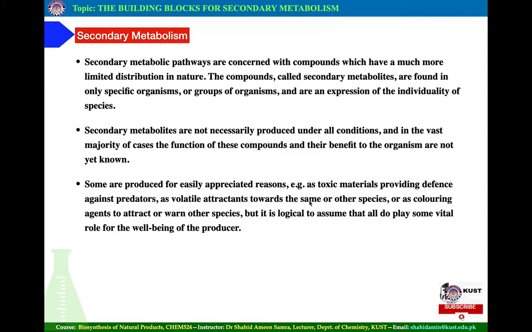In the same species, for attracting the opposite sex, some specific molecules are produced, and one organism may produce a secondary metabolite that attracts an organism of another species for some specific purpose. These may be coloring agents that help plants or other organisms attract other species. But it's logical to assume that all do play some vital role for the well-being of the producer that is producing these secondary metabolites.